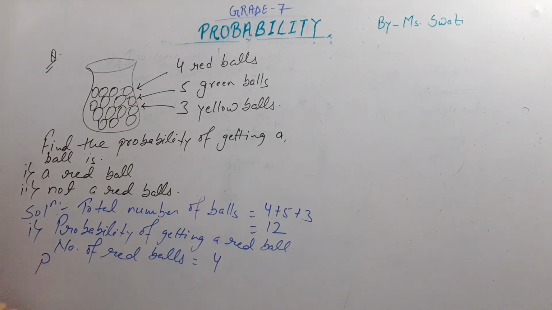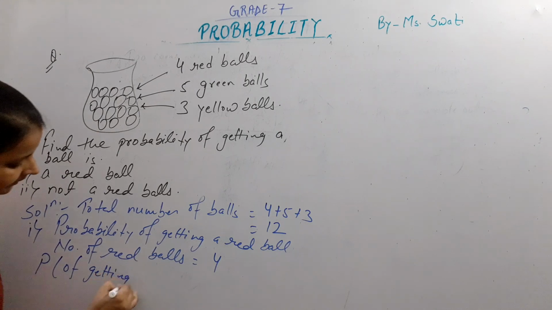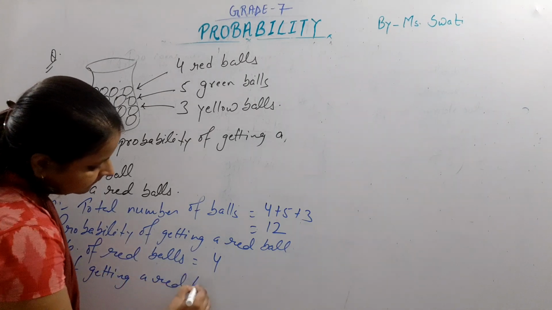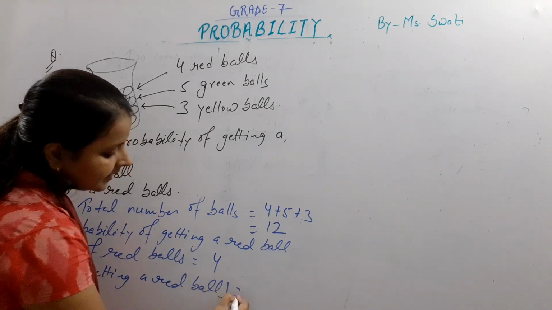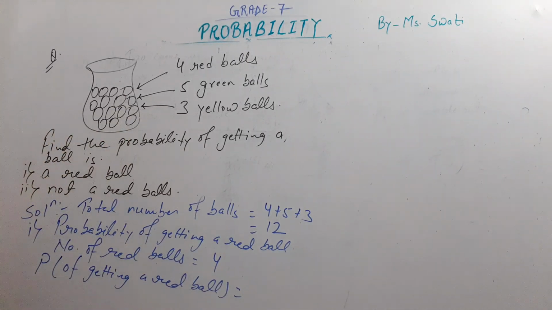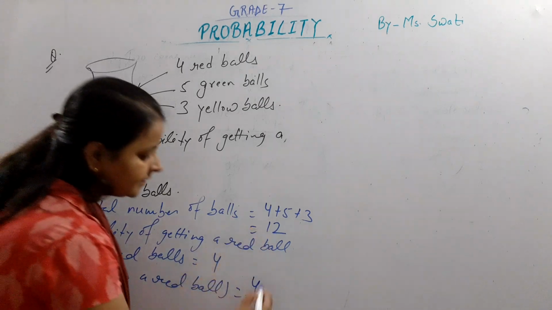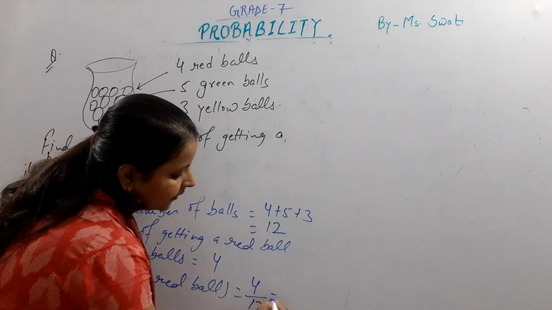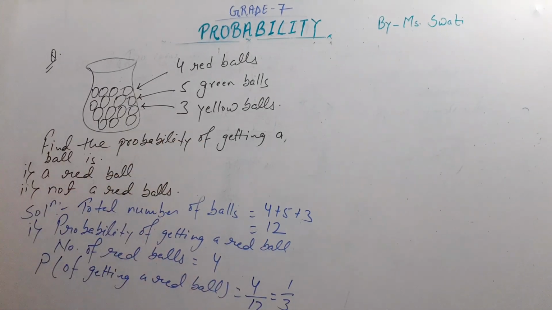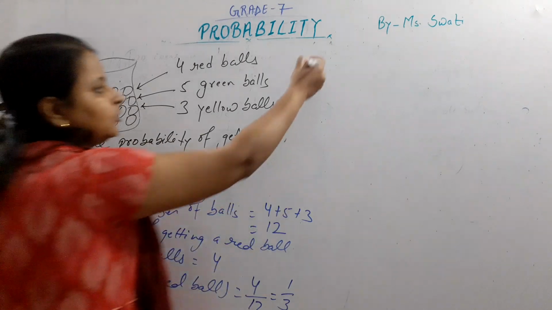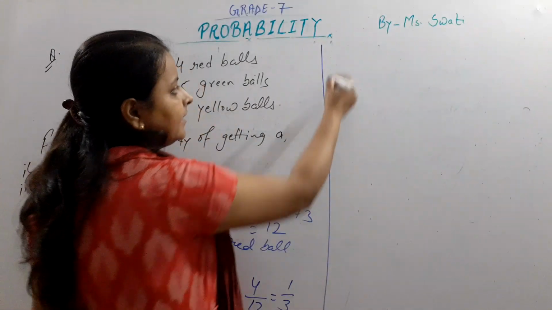So P, probability of getting a red ball, is equal to number of favorable outcomes. It means 4 by total number of outcomes, that is 12. 4 by 12 becomes 1 by 3.